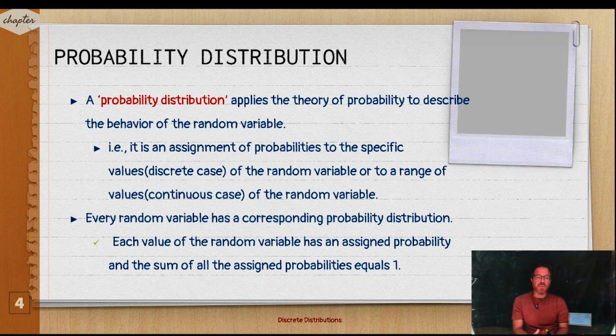So every random variable has a corresponding probability distribution, and each value of the random variable has an assigned probability where the probabilities must sum up to 1. So I'm actually going to redefine our probability distribution a little bit.